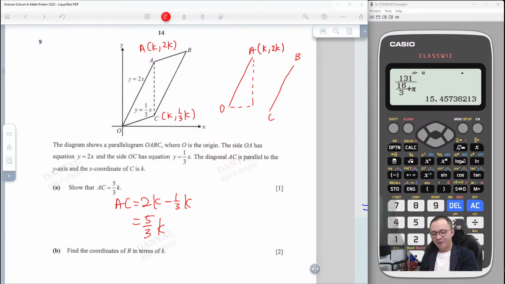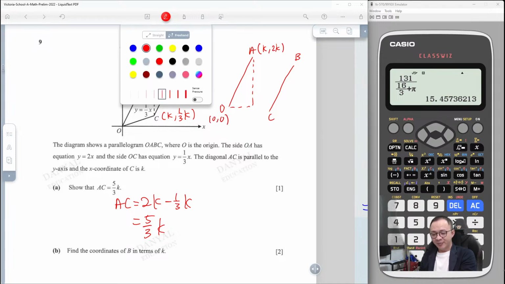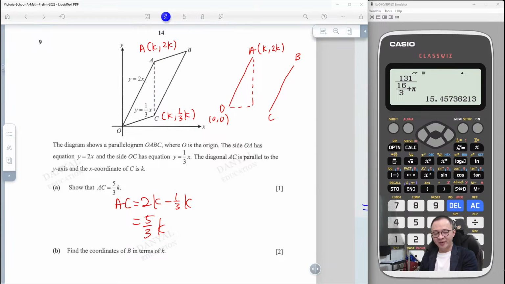From (0, 0), the move on the x axis is k units, and the move on the y value is 2k, isn't it? So I will do the same thing for C to B: move k, move 2k. C coordinate is k and 1 over 3k, right?